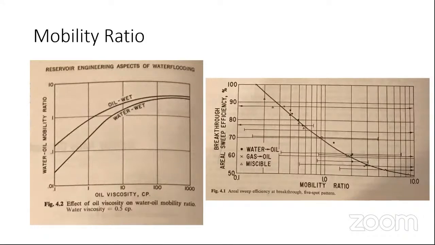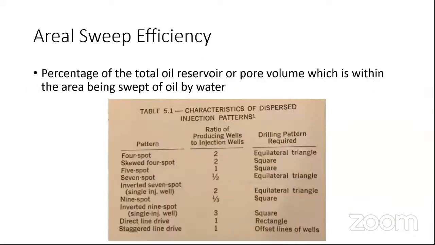Now, the chart on the right shows your mobility ratio and the areal sweep efficiency at breakthrough. And that was assuming a 5-spot pattern.